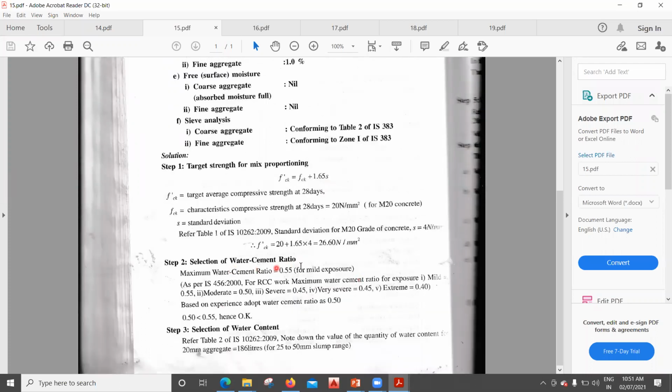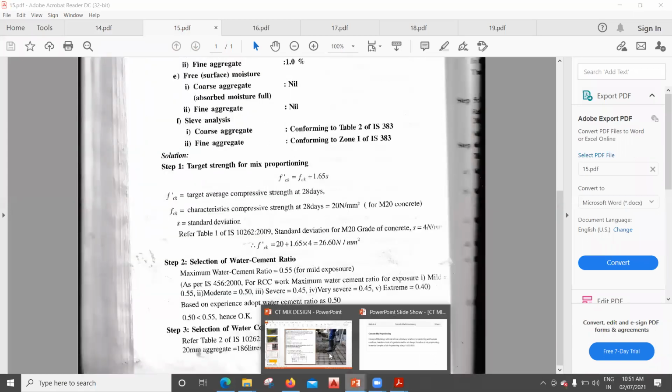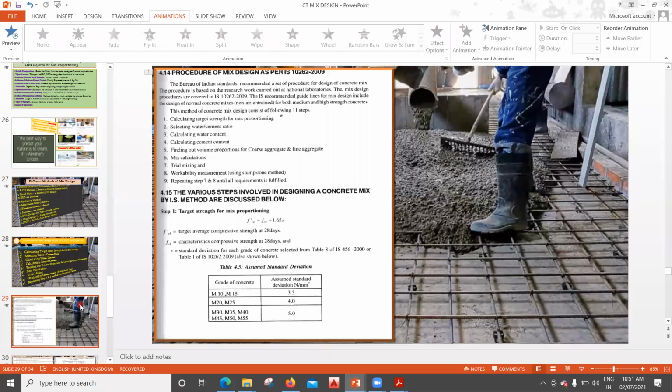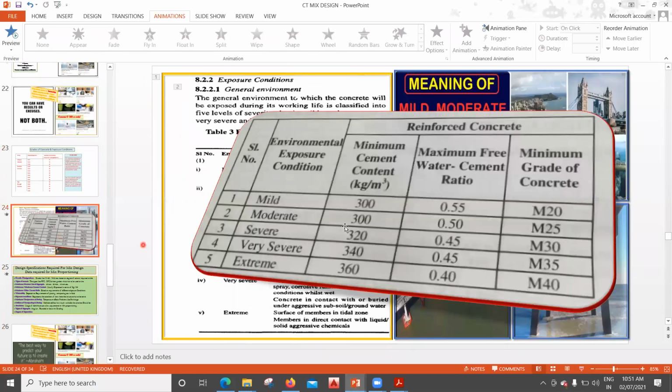Next is selection of water cement ratio. The maximum water cement ratio we can get for a mild exposure is 0.55, because in the question the exposure condition is mild. Looking into the table for a mild exposure condition, minimum cement is 300 and maximum free water cement ratio is 0.55.